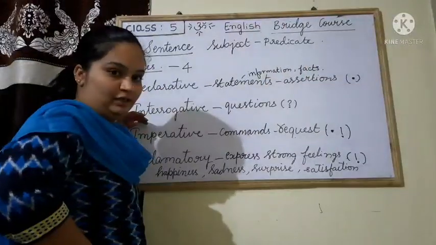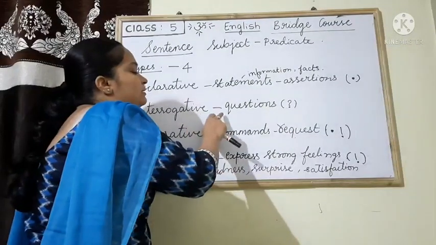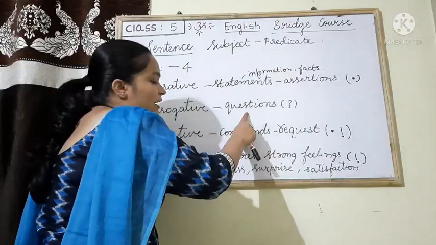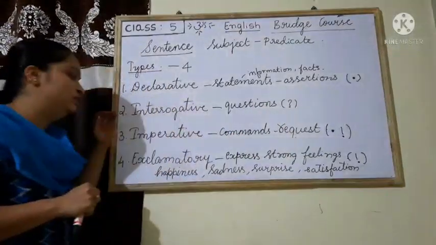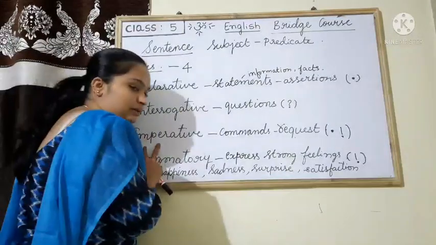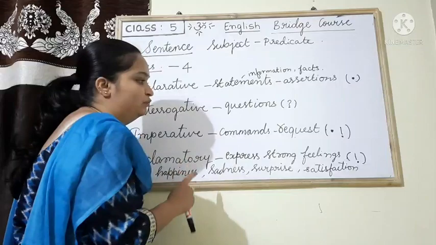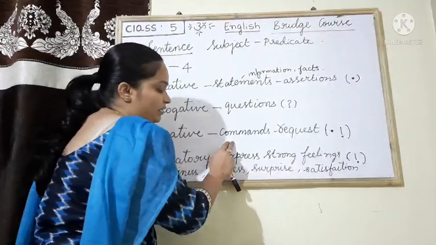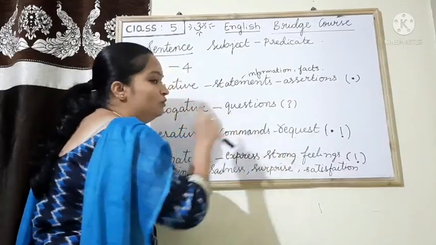So what are interrogative sentences? Interrogative sentences are the sentences which are used to ask questions. And when you come to the third one, it is imperative sentences. Imperative sentences are the ones which either give us commands or are used to request.